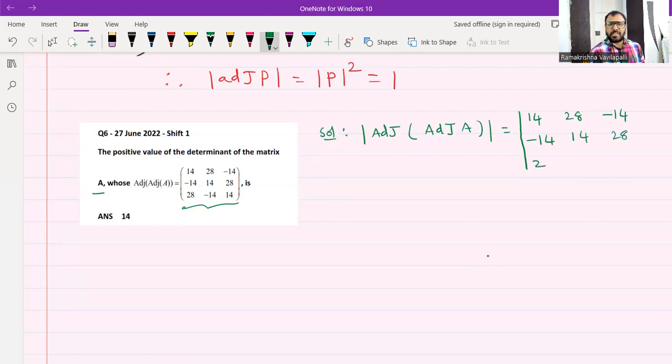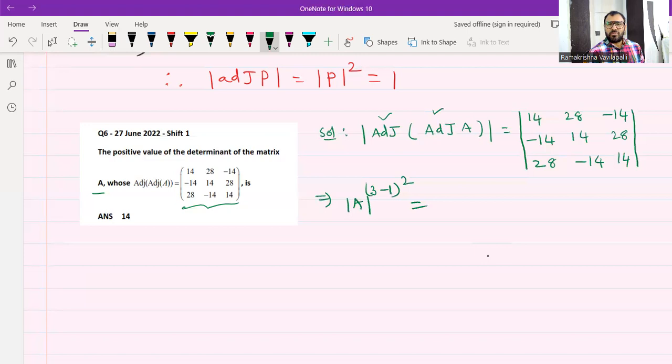They have given the determinant also in the simplest way, without making any struggle. So the left side is determinant of A whole to the power of n minus 1 whole square. Here A is a 3 by 3 matrix. So this becomes 3 minus 1 whole square.